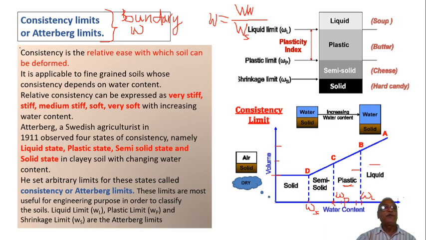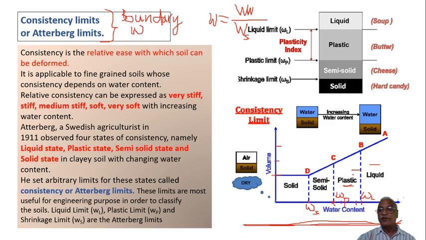So whenever we want to discuss consistency limits or Atterberg limits, we have to make use of this particular graph, a very important graph wherein volume is represented by the vertical axis and water content is represented by the horizontal axis. Right, there are 4 states: liquid state, plastic state, semi-solid state and solid state.